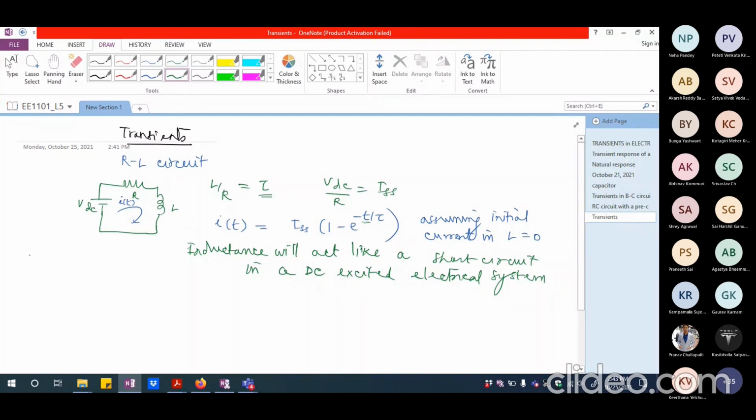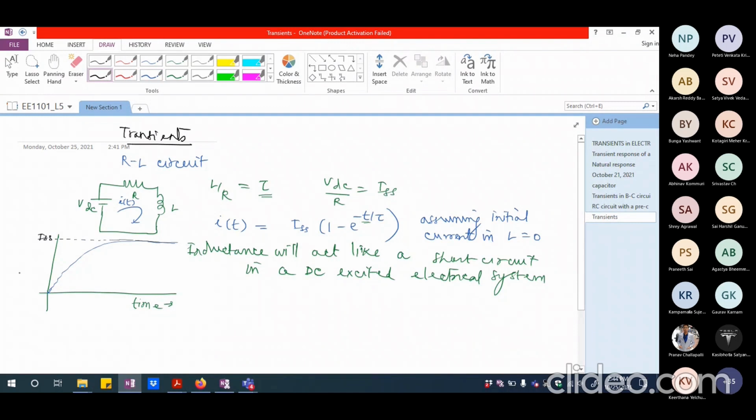So if I try to plot with respect to time, the current is going to start from 0, then rise, and then reach a steady state. The steady state value is going to be ISS.